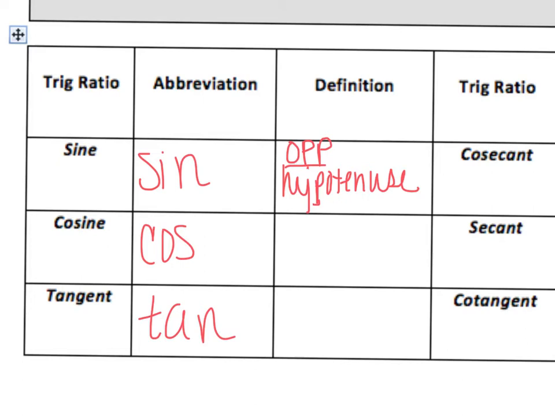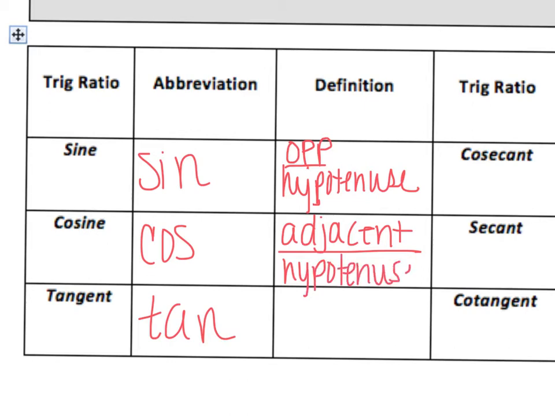Cosine then is the CA part, and that's going to be adjacent over hypotenuse. And then tangent is the TOA, and that's opposite over adjacent.